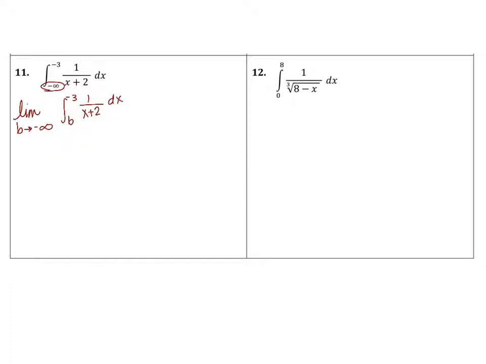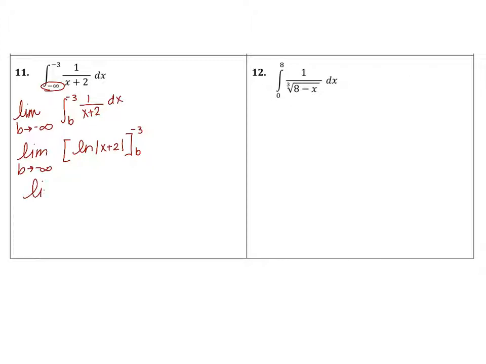Derivative of the bottom is the top, so we're going to have natural log. So I have the limit as b approaches negative infinity of natural log absolute value of x plus 2, and that is going to be evaluated from b to negative 3. And so let's go ahead and do our substitution in.